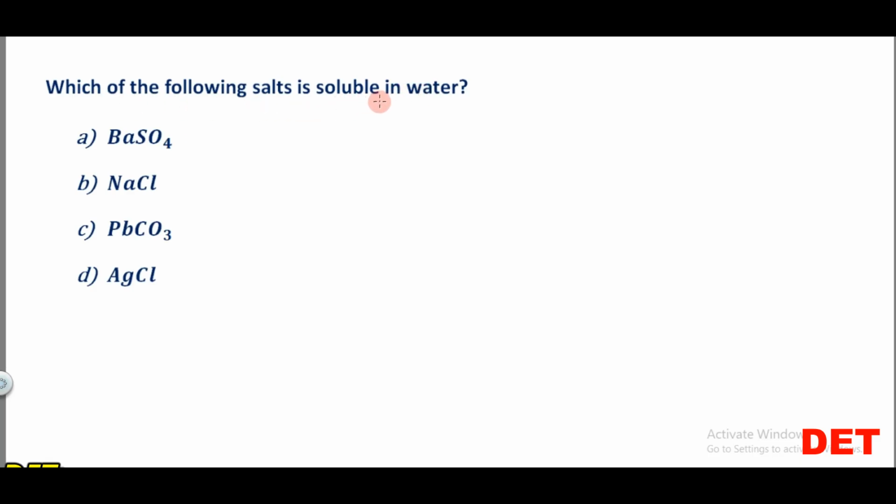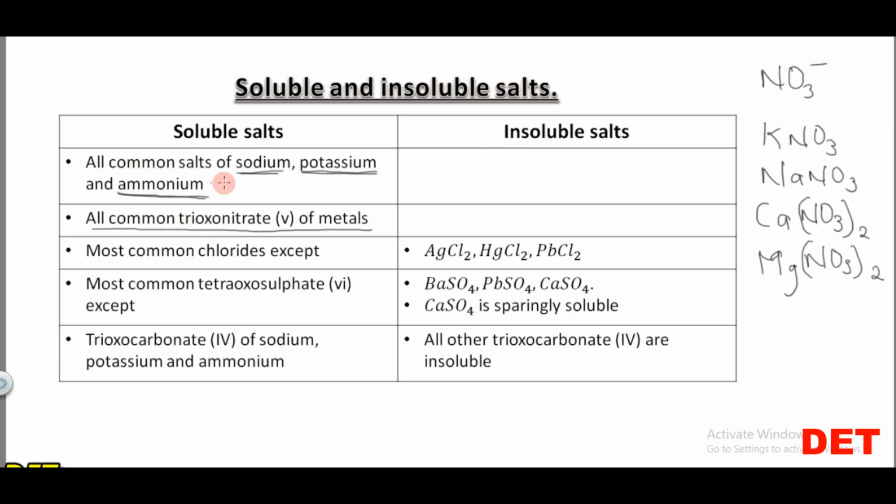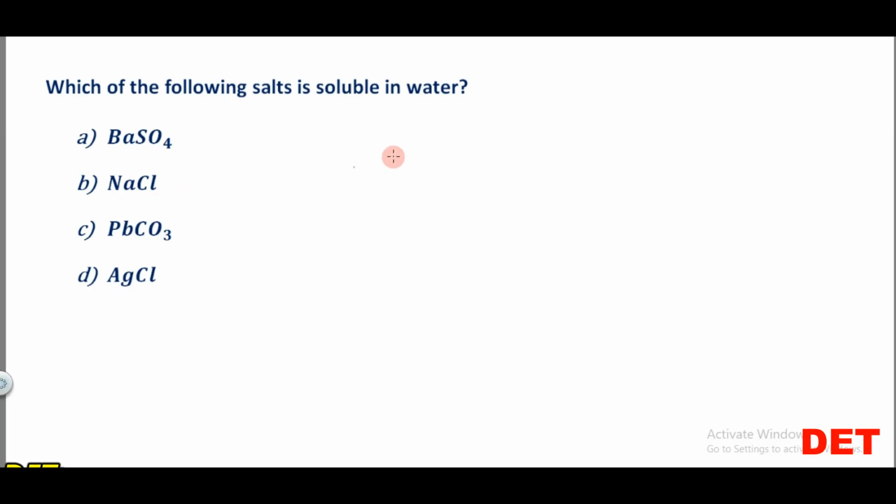The first thing you must remember whenever you see any question on an example of a salt that is soluble in water is the first example that I gave you, which is that all common salts of sodium, potassium, and ammonium are soluble in water.